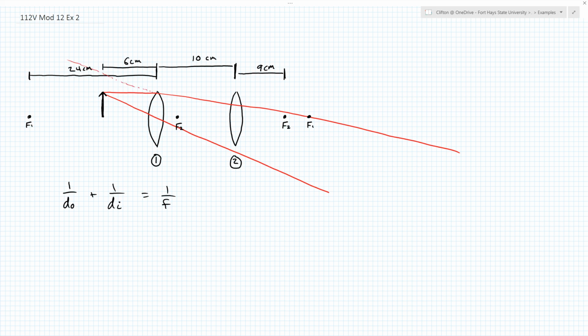And we need to find the point where these rays come together. So, this isn't drawn to scale, but you can get the idea that these rays projected back are going to give me an arrow right here. So we can see that this image is going to be formed farther away from the front lens than the object is, and that image is going to be bigger than the object.